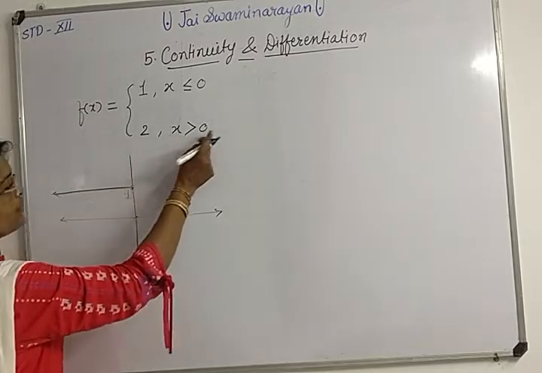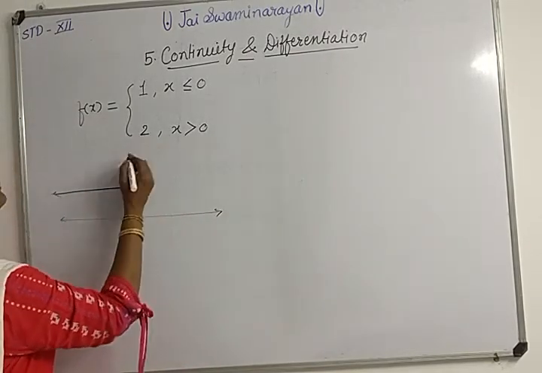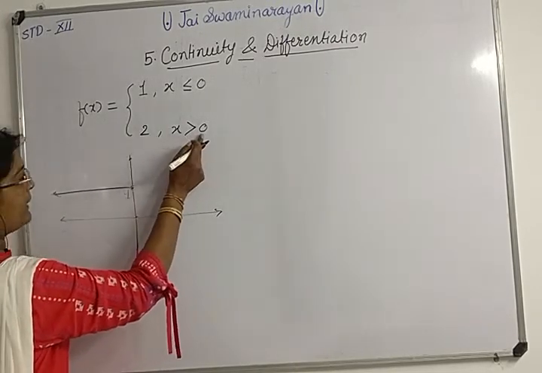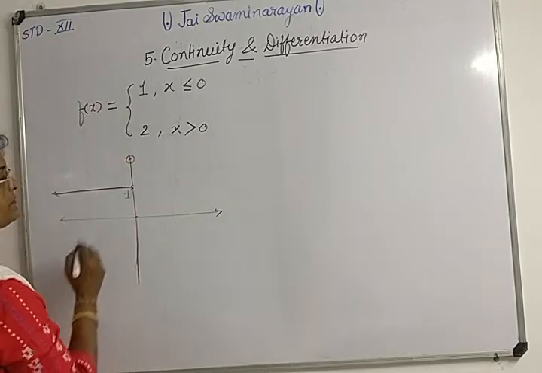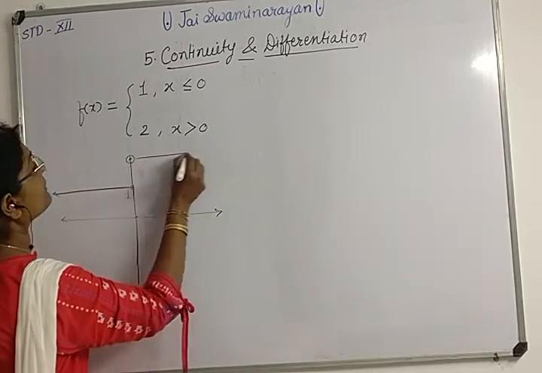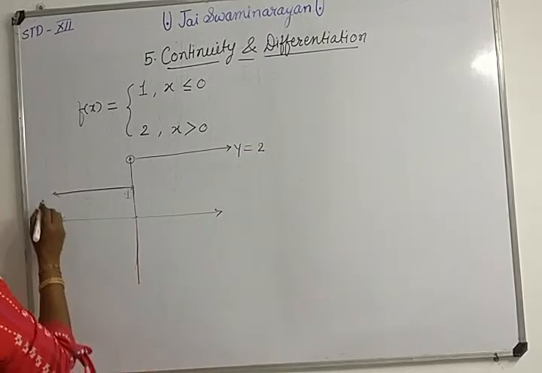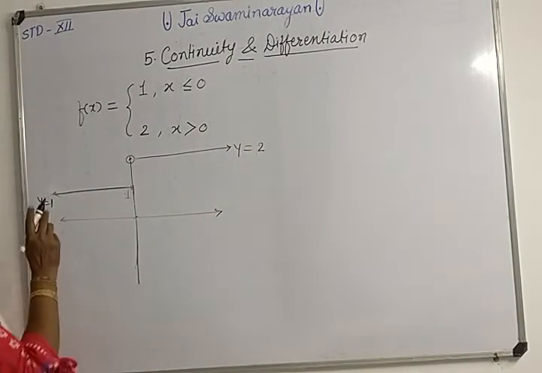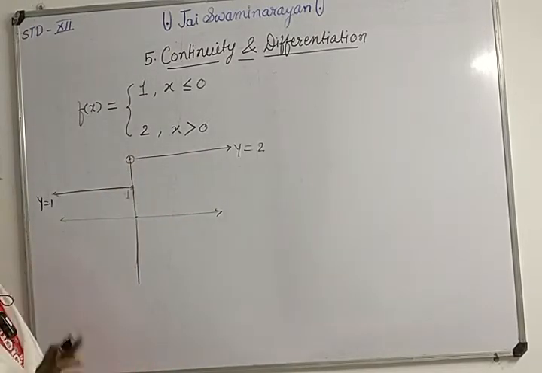But for the positive part, means for this side, the value of y is 2. Suppose here it is 2. But for x equal to 0 it is not 2, so we have to leave this point. And if we leave this, then from here the number will come. This is y equal to 2 and this is y equal to 1. So can we draw this complete curve without lifting a pen?